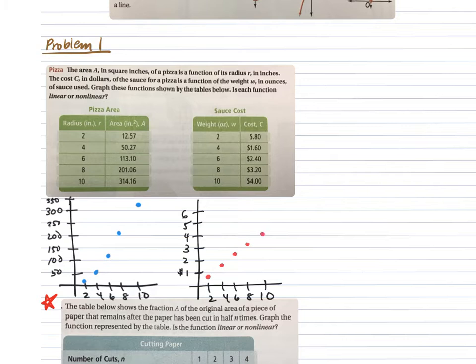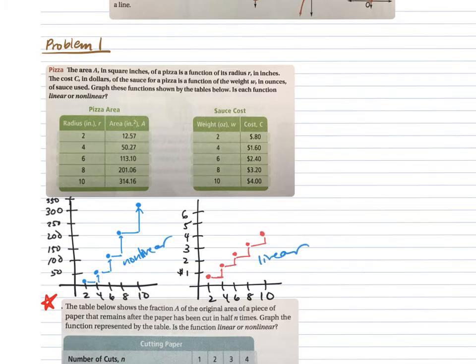It's $4, yeah, if this is better scaled, but you can see that it's going over and up the same. Okay, but this one is not, right? This is going over the same, but not up the same. This is going up even bigger, and this is going up even bigger. So this is nonlinear, and this one is linear.